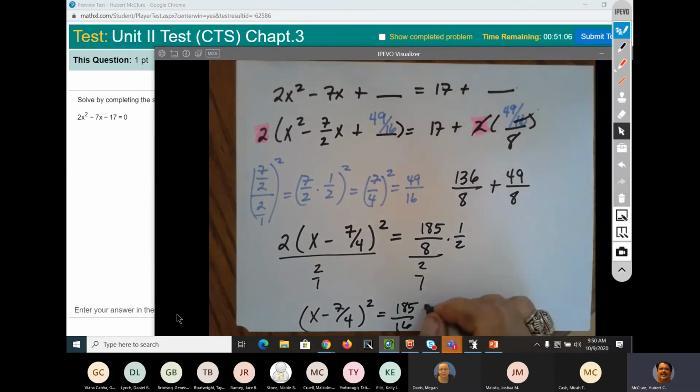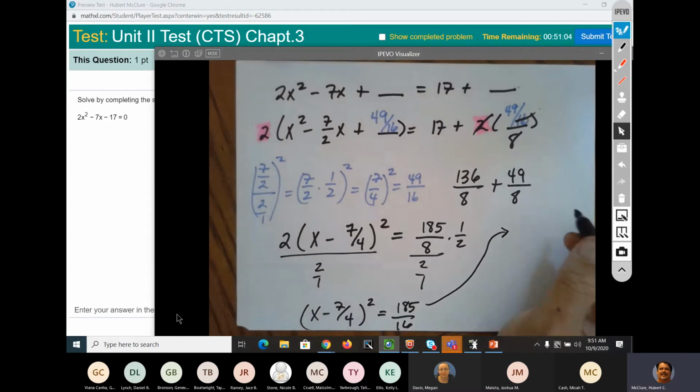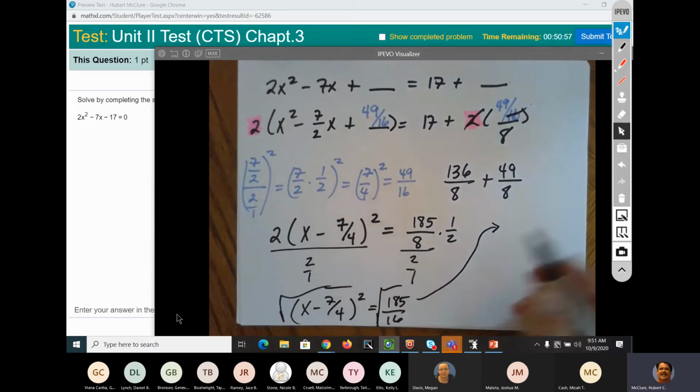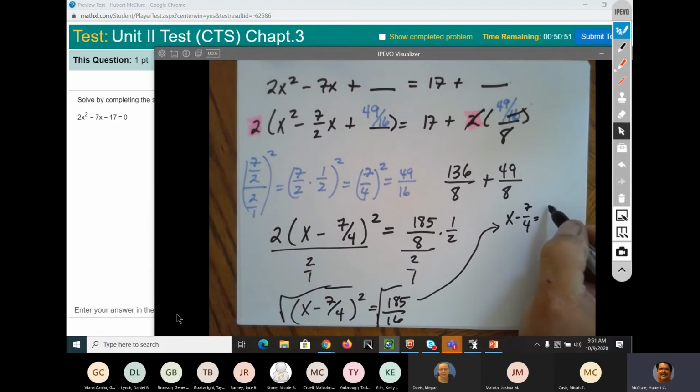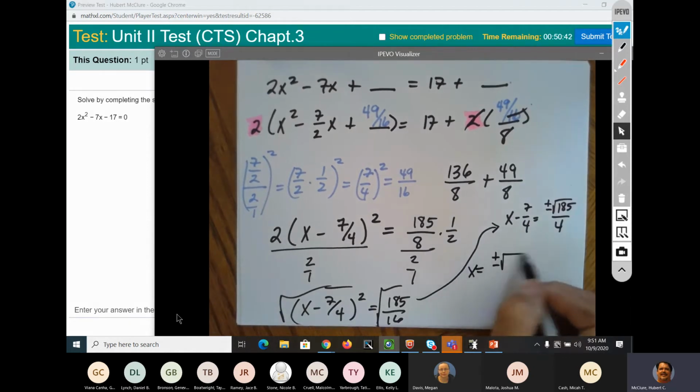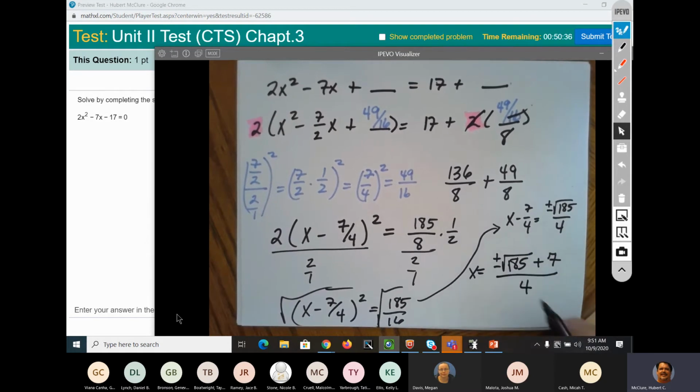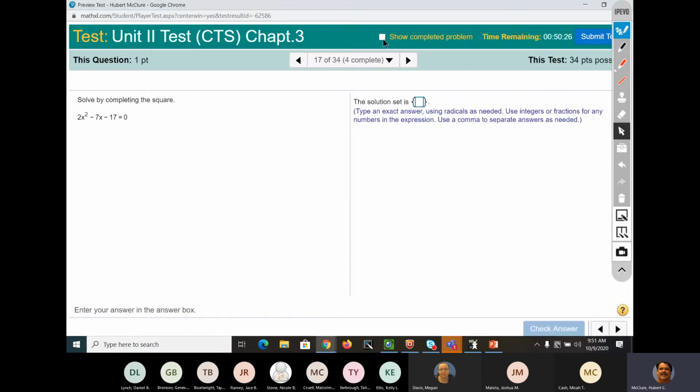So that's going to be square root of both sides. X minus 7/4 is equal to positive or negative square root of 185 over 4. So x is equal to positive or negative square root 185 plus 7 over 4. And I'm not gonna type that in.